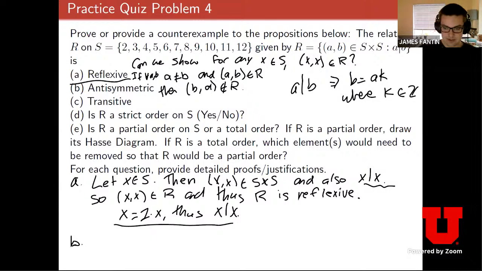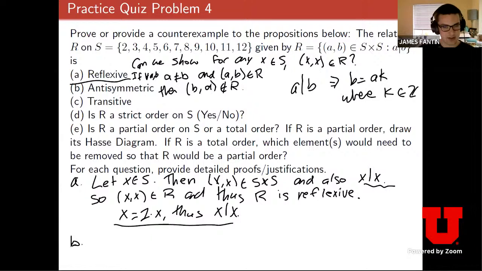Okay, so we have some people saying not antisymmetric. Why do we think it's not antisymmetric? Isn't it that by definition of cross product, (B, A) will exist in the relation? Yeah, from the cross product, all the combinations of pairs will be in the cross product.